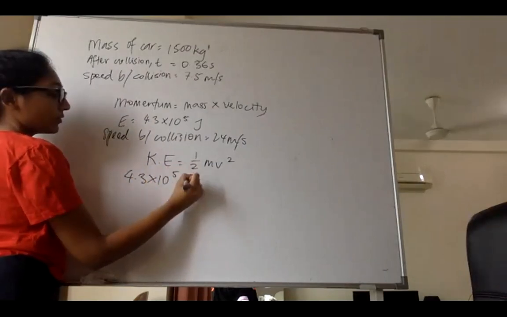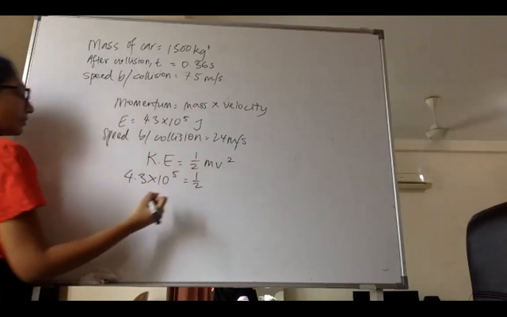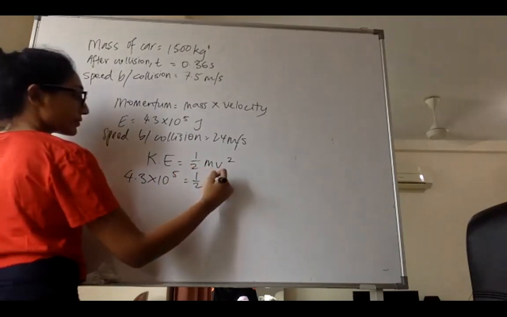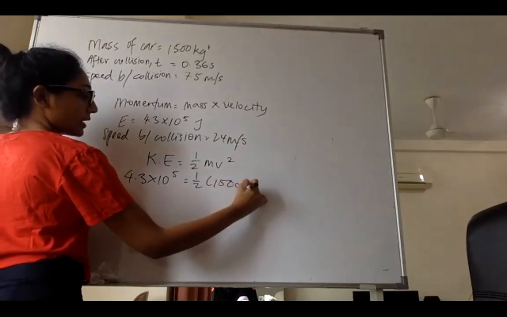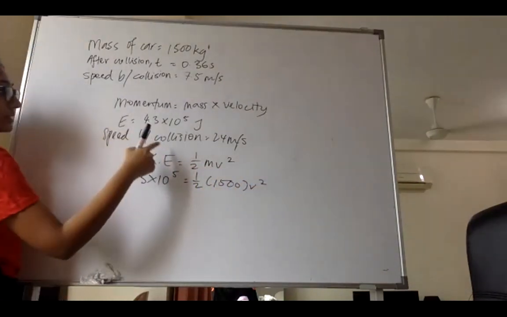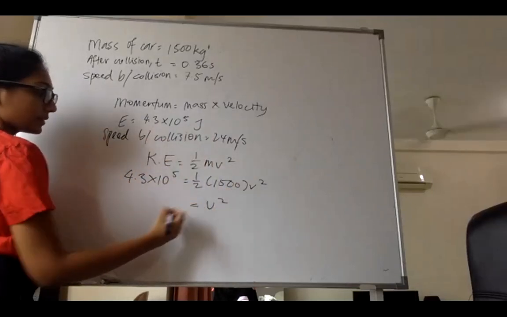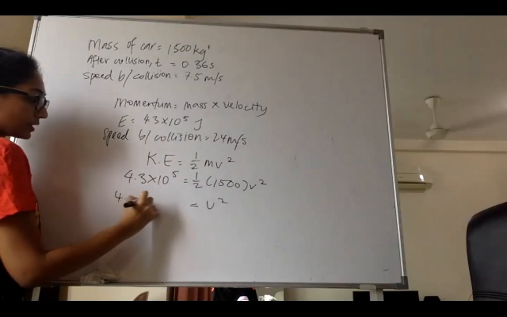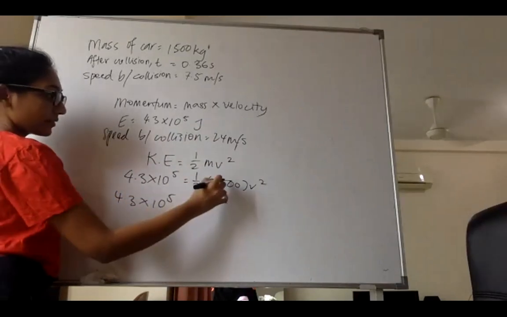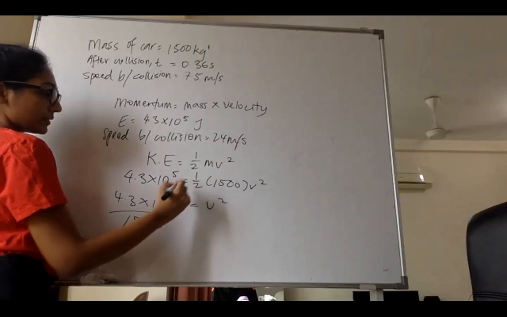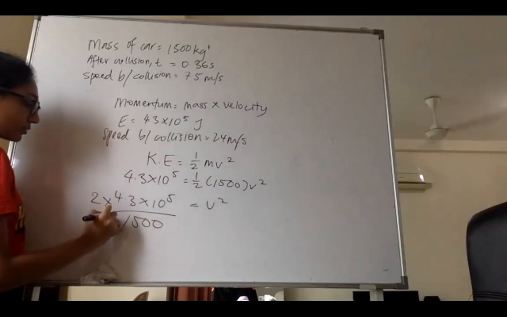4.3 times 10 to the power of 5 equals half times the mass of the car, 1,500, times v squared. I need to show that the speed is 24, so I calculate for speed now. 4.3 times 10 to the power of 5, divided by 1,500, divided by half, so times 2.